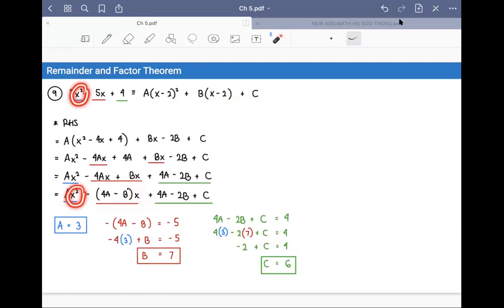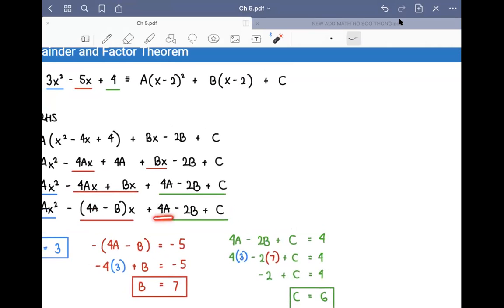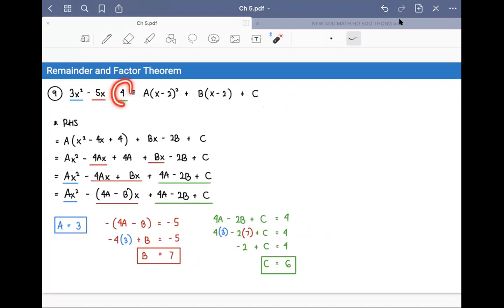When you compare their coefficients, you get a is equal to 3. When you compare the coefficients of x and x, you get negative 4a minus b equals negative 5. And then again, this is your constant term. Since it doesn't have any x or even x squared, this is constant, and it is equal to the constant term in your expression over here. That's how I got this one.